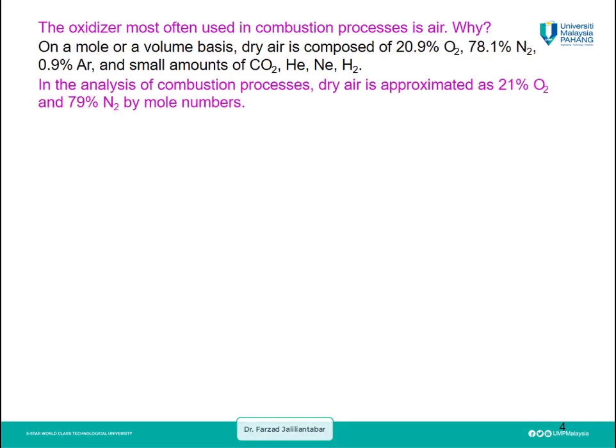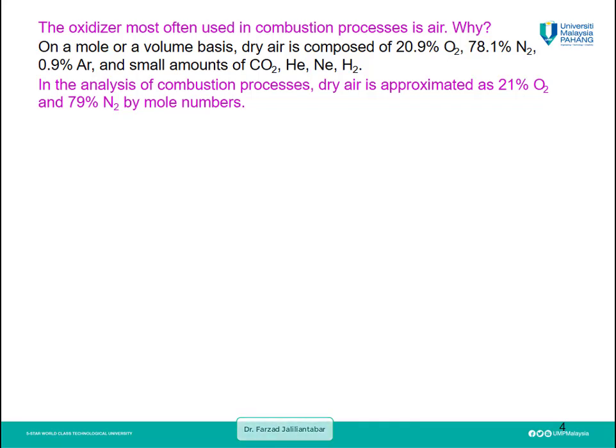But what is air? If we consider air on a mole basis, or a volume basis, we will find that about 20.9% of air is oxygen molecules, about 78.1% is nitrogen molecules, and 0.9% is argon.